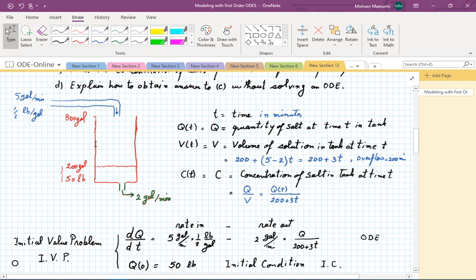Imagine you have a big pool. You have some salt at the beginning here, and then you have a huge amount of incoming liquid. So if you do that for a very long time, all the initial amount of salt is by that moment all washed out, and it's all replaced by the incoming concentration.